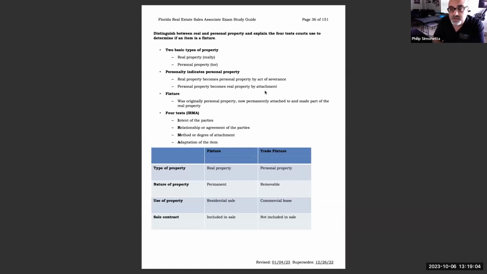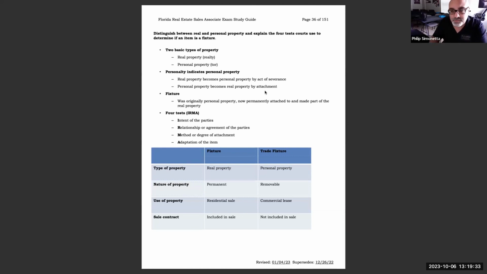Personal property is your clothing, and a ceiling fan when you buy it. When you install it, it's real property because it's attached. A washer and dryer, when you buy it, is personal property. When you connect it, it's real property. Same thing with a stove. Personalty indicates personal property.